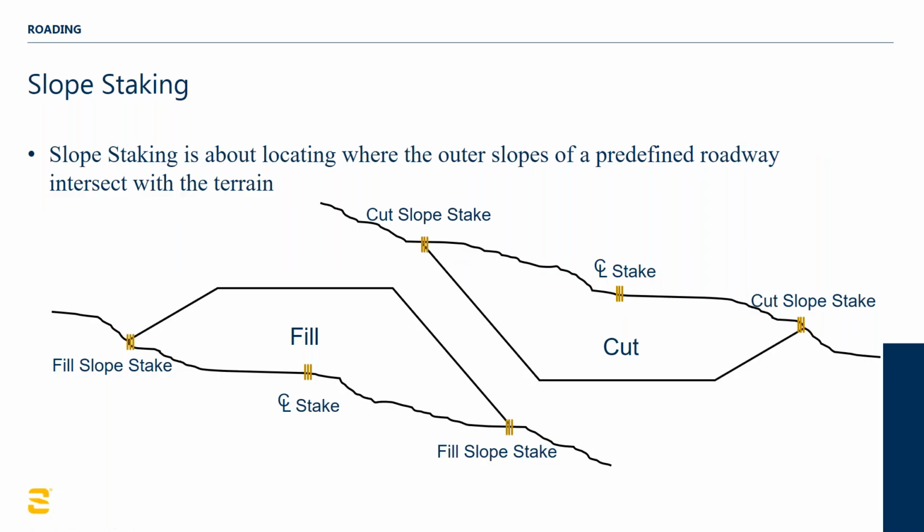Slope staking can be confusing, but really we have a design of a road, and when the road gets to the edges, we have to find where it hits the terrain. The road has a vertical component, and that vertical component may or may not agree with the actual terrain.